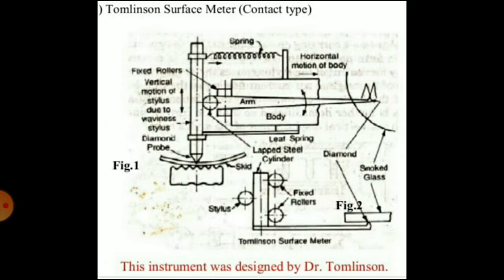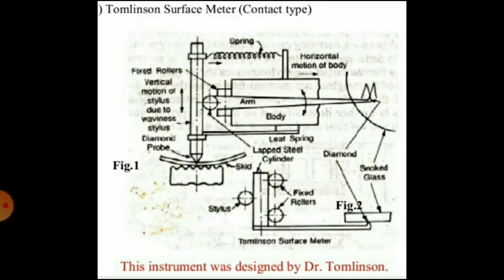At the bottom you can see the work surface whose surface finish is to be measured. Then there is a skid. Over the skid there is a diamond probe. Then there are fixed rollers. Then a lap steel cylinder.